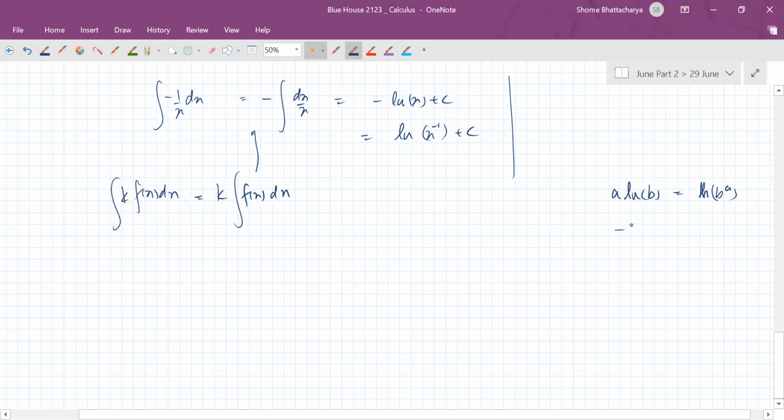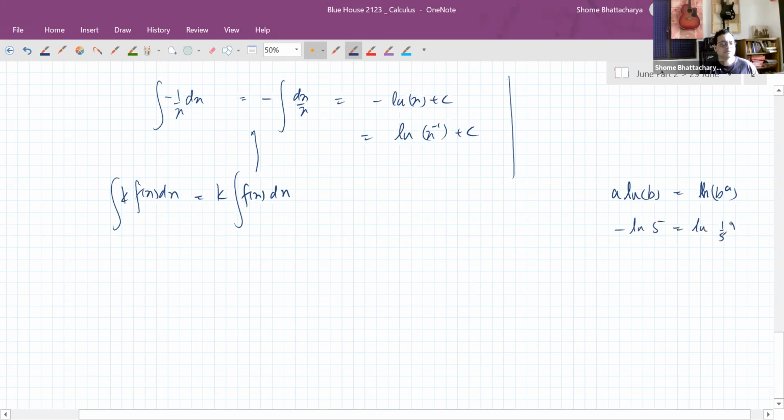For example, minus of ln 5 is the same thing as ln of 1 by 5 or 0.2. But ln of a negative number cannot be defined. Ln of a negative number is undefined, because when we say ln x is equal to y, it means that x is equal to e raised to the power y.